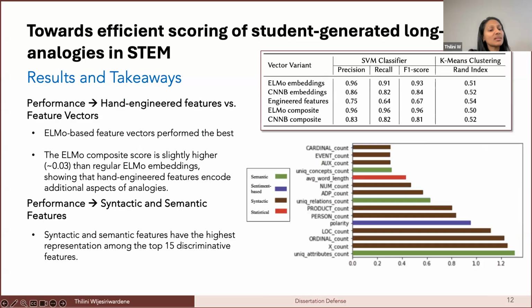So it suggests that there is something in these hand engineered features that supports a discrimination when it's connected with Elmo. And then we look at the distribution of semantic and syntactic features in the top 15 discriminative features. And we see a lot of features that are discriminating fall under syntactic and semantic features. So these are the key takeaways for this work.